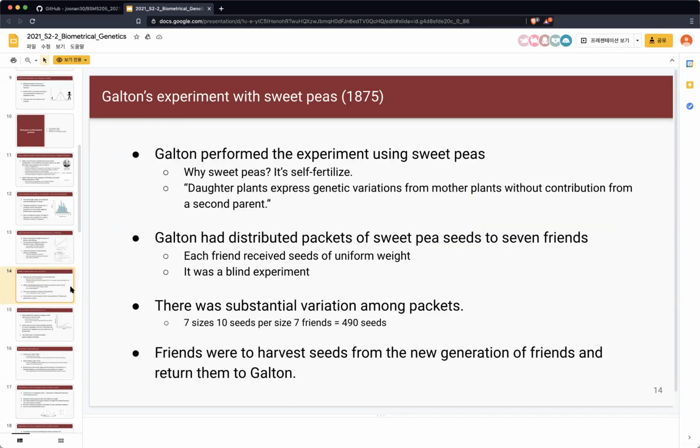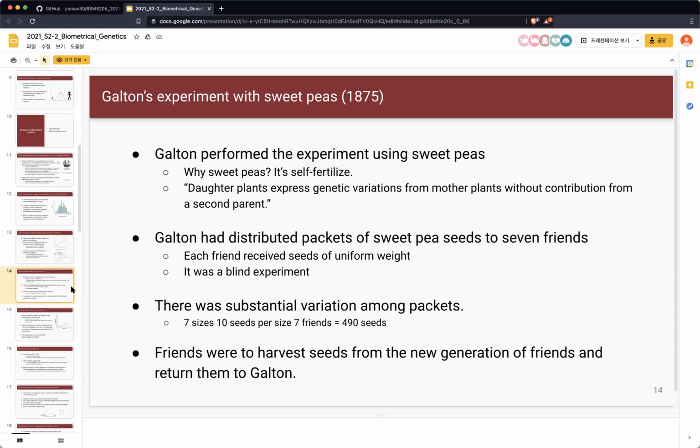And what he did is he distributed packets of sweet pea seed to 7 different friends, right? So there is a random distribution. And then he measured the size of the seeds after one generation. Then he calculated whether there is any seed size similarity between the parents and the daughter generation.